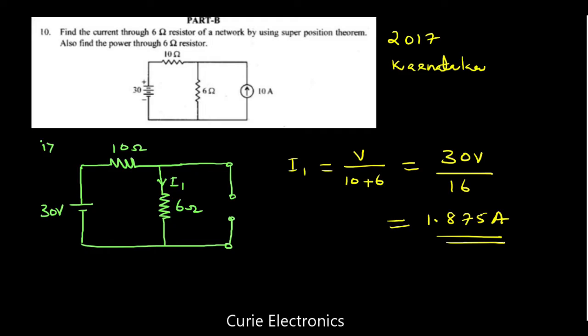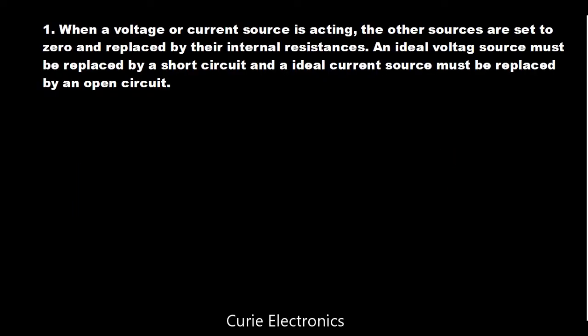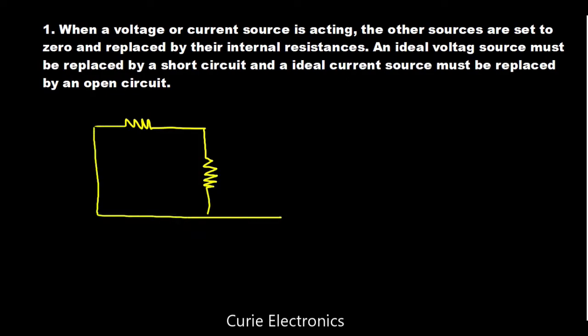Now in the second step, we have to find the current flowing through the 6 ohm resistor due to the current source. So this is 10 ohm.